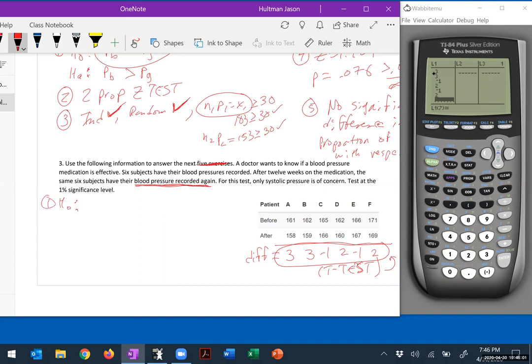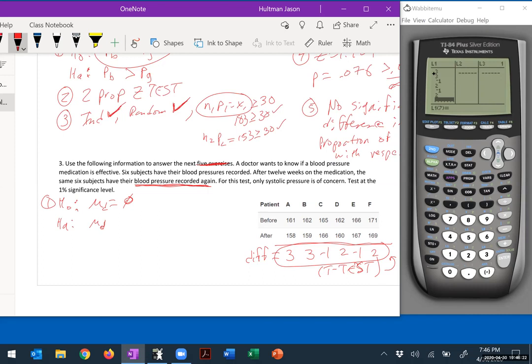What's our null? Our null is that mu is equal to 0. The difference is equal to 0. You could put mu d if you want. What's HA? Mu d. After 12 weeks, we want to know if the blood pressure went down.